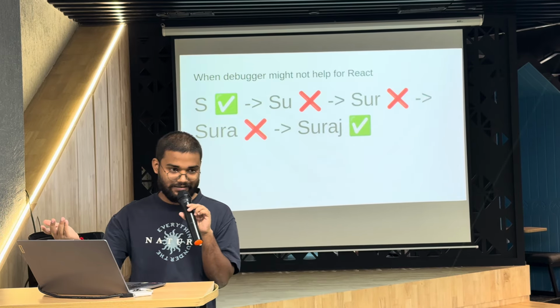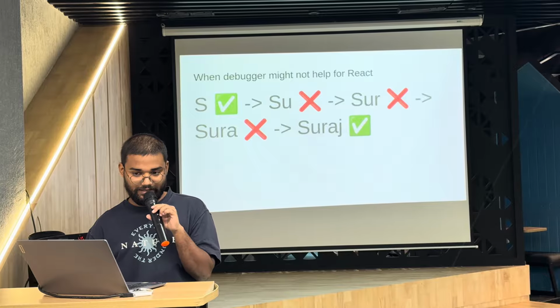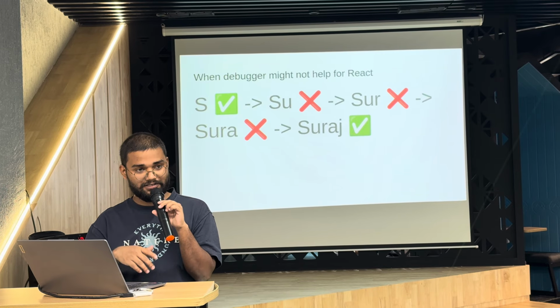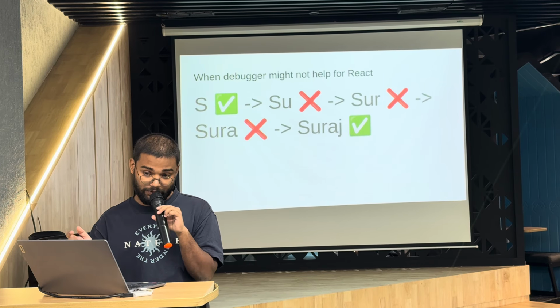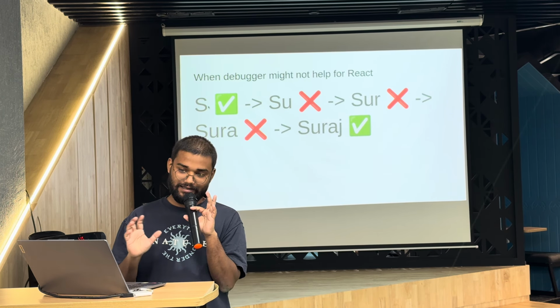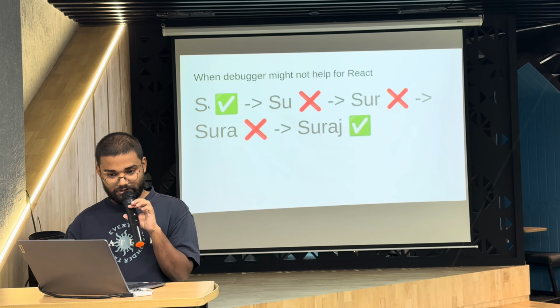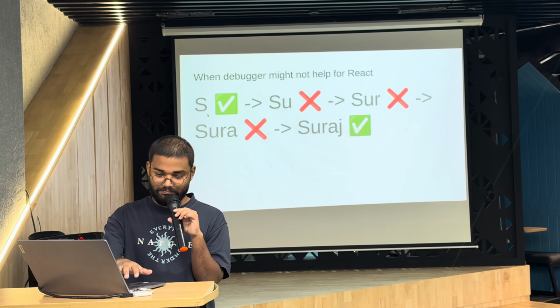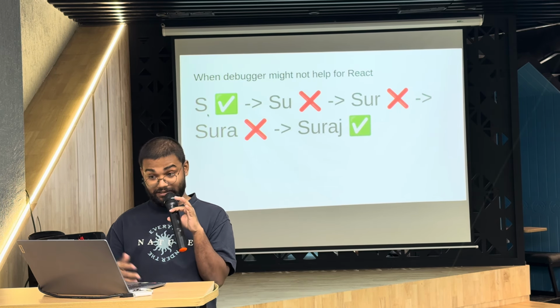Let's say in this case, there's an input and there's some action taking place after input, but that's a lazy render. That's a low priority render. So let's say I type capital S, shift S, it does that.